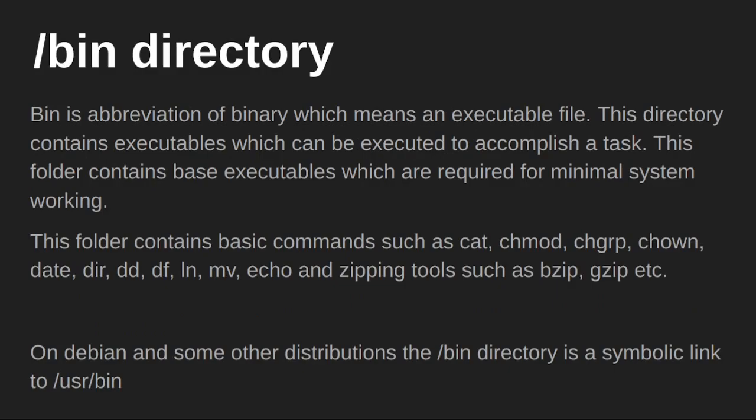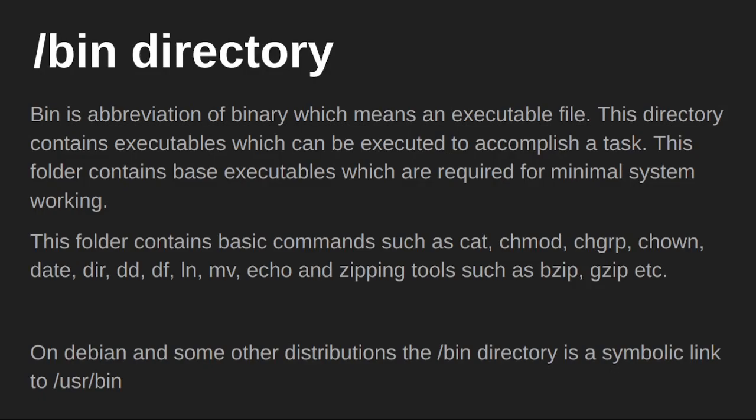Bin is an abbreviation for binary, which means an executable file. This directory contains executables which can be executed to accomplish tasks. This folder contains base executables which are required for minimal system working.